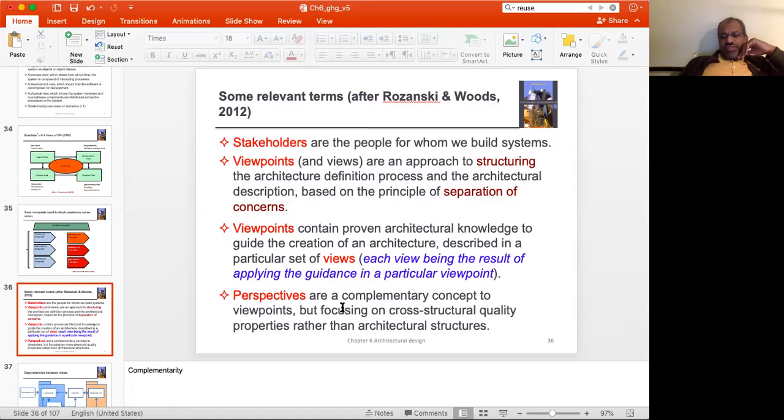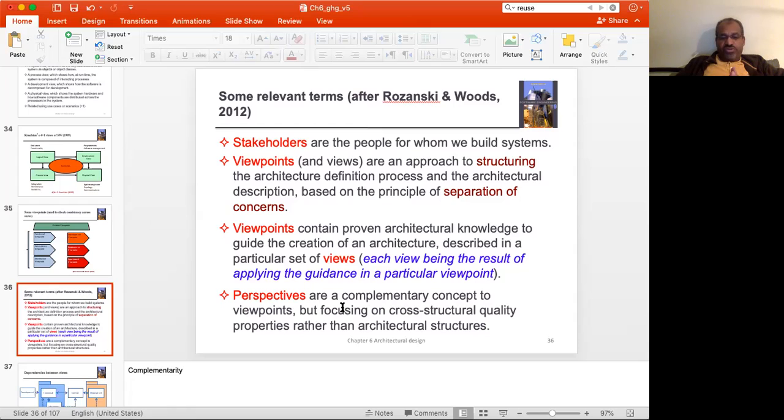So it's like a cross-cutting concern if you know something about aspects and aspect-oriented development, which we didn't discuss in this course. But cross-cutting means all components in the system, all views in the system will have to be concerned with this in some way.